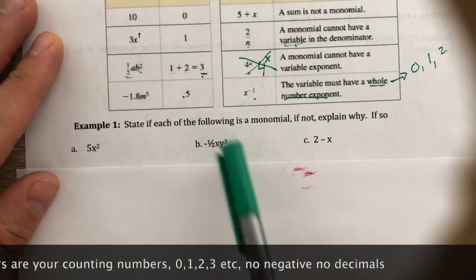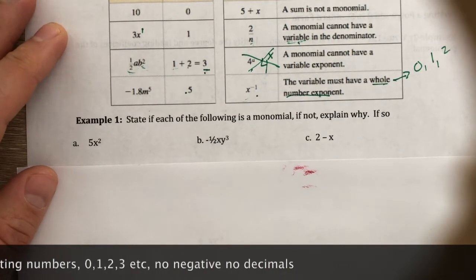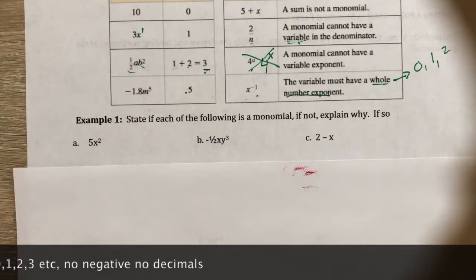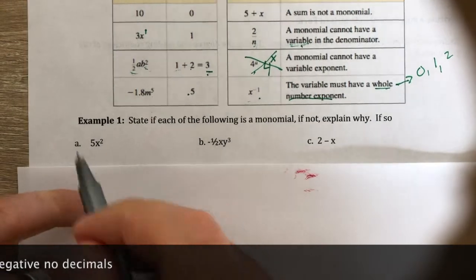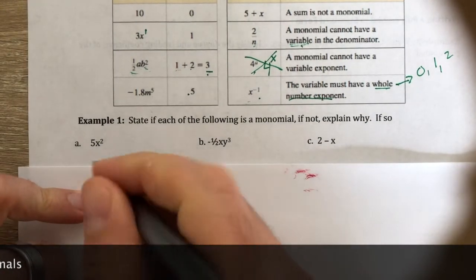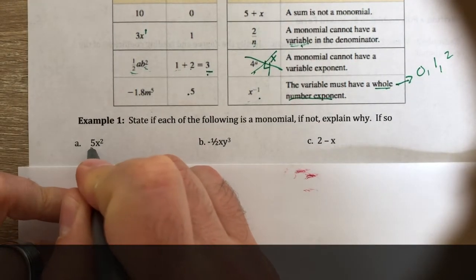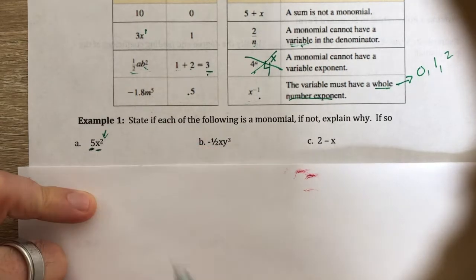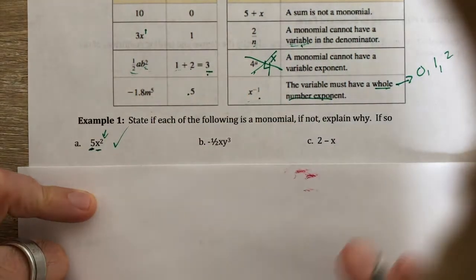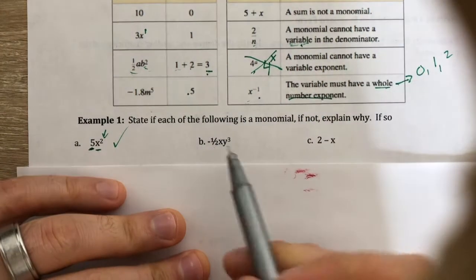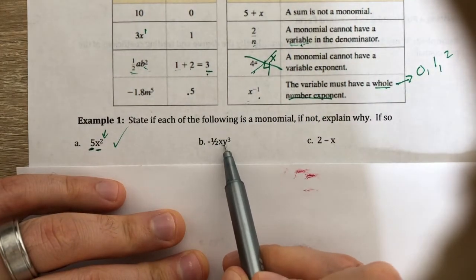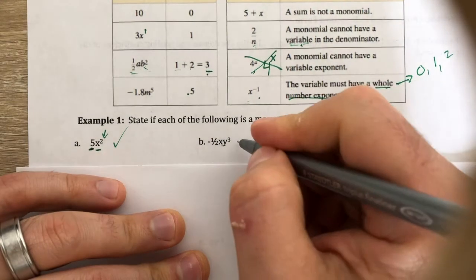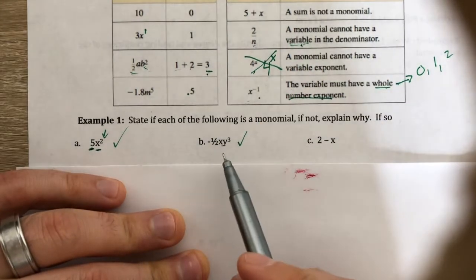State if each of the following is a monomial, and if not, explain why not. So 5x squared, definitely a monomial. We've got a constant or a number times a variable, and our exponent is a whole number. That checks the box. It is a monomial. Negative 1/2 times x times y cubed also definitely meets the definition of a monomial.